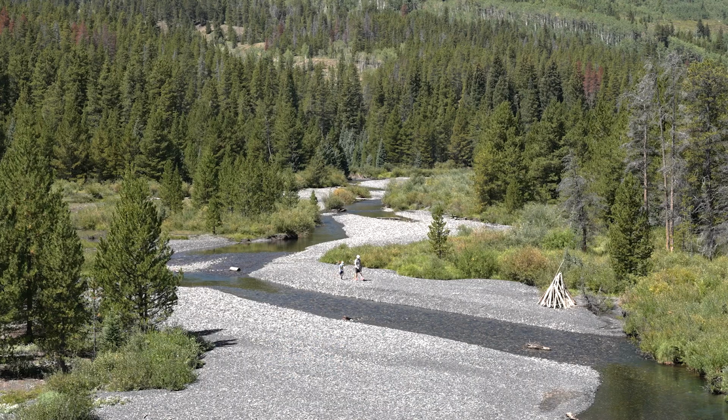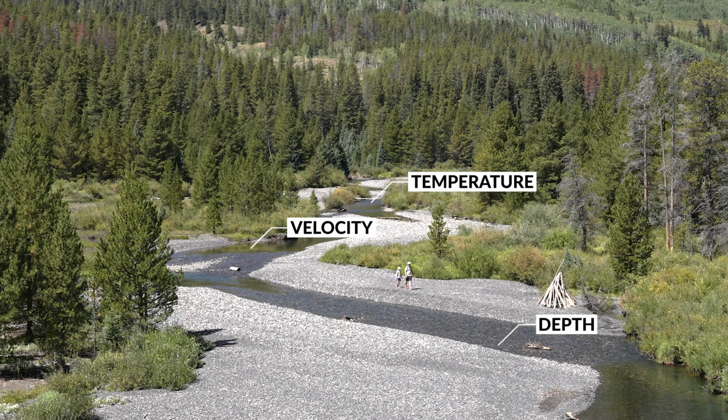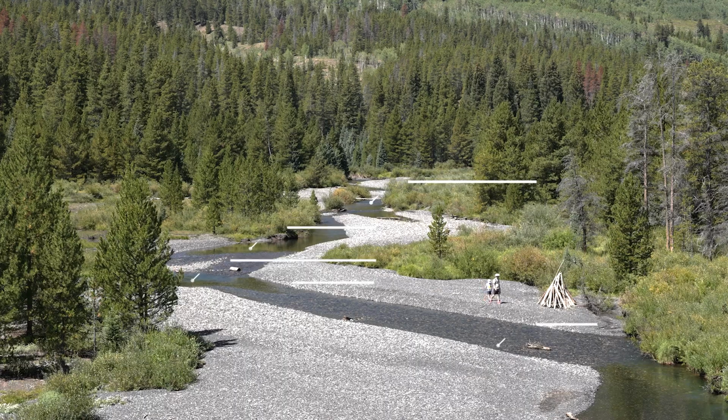And then lastly, we collect a bunch of stream flow data. So we go out and wade in the river, collecting measurements of velocity, and then we also put in transducers to measure depth, temperature, and then we have a whole suite of constituents that we sample, both high frequency in time, like dissolved oxygen, temperature, turbidity, and whatnot, and then we have synoptic samplings where we sample for chemistry along stream reaches to try to better understand how stream flow and stream chemistry is changing along specific reaches.